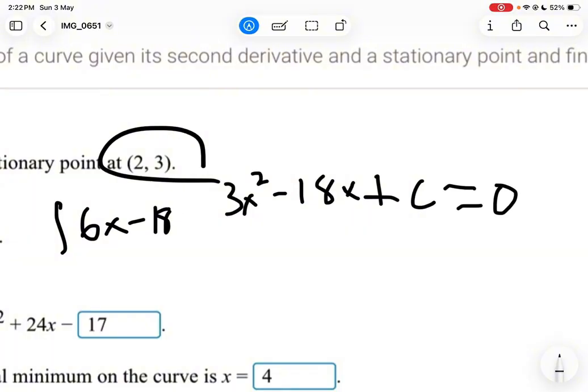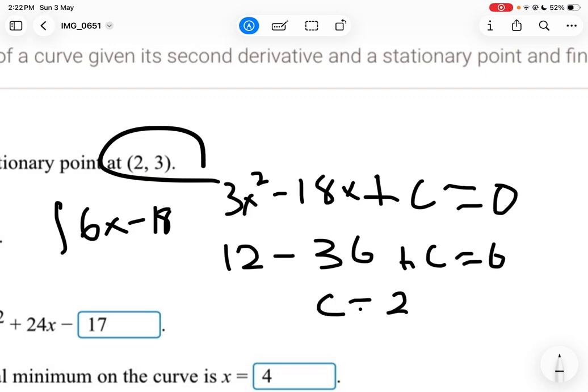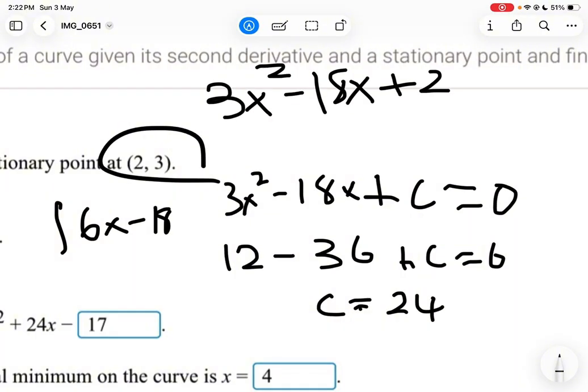So 3 times 4, because 2 to the power of 2 is 4, is 12, minus 18 times 2, which is 36, minus 36 plus c is equal to 0. You move everything, and you get c equal to 24. So your whole equation is now 3x squared minus 18x plus 24.